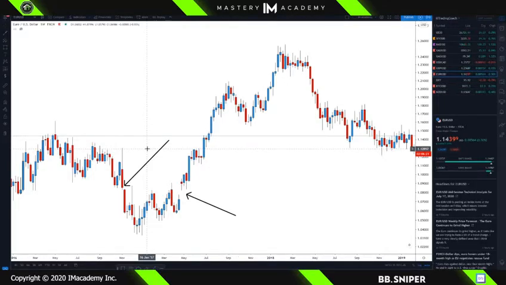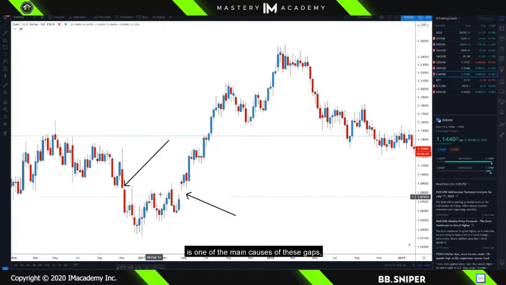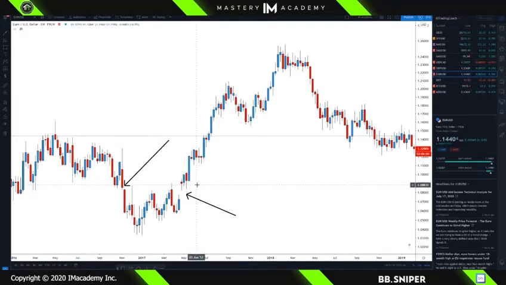However, over the weekend, even though the market seems like there's nothing going on, money is still moving, and that is one of the main causes of these gaps that occur over the weekend.